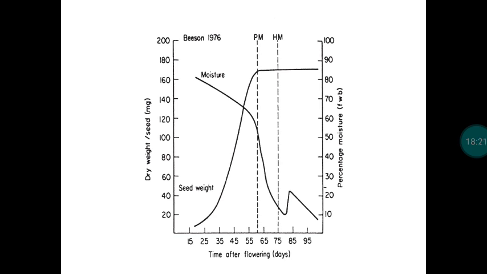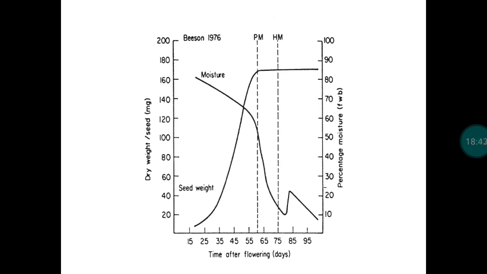Once the endosperm or cotyledon is formed, automatically the mother plant will start to transfer the photosynthates into the embryo, the endosperm, as well as the cotyledon. In dicots, the cotyledon acts as a storage organ, whereas in monocots, the endosperm acts as a storage organ.